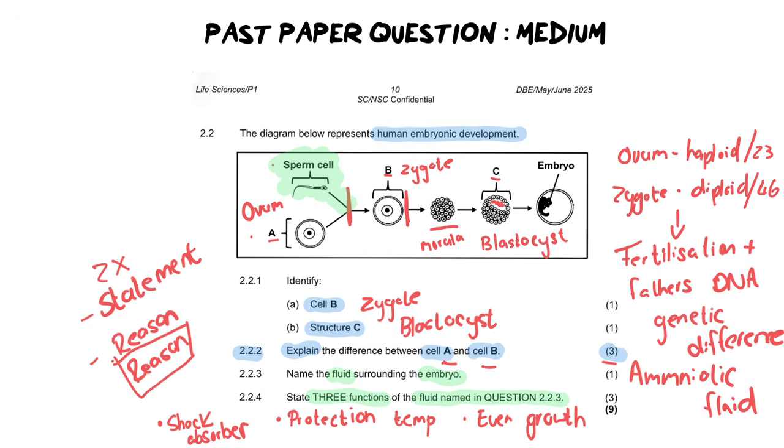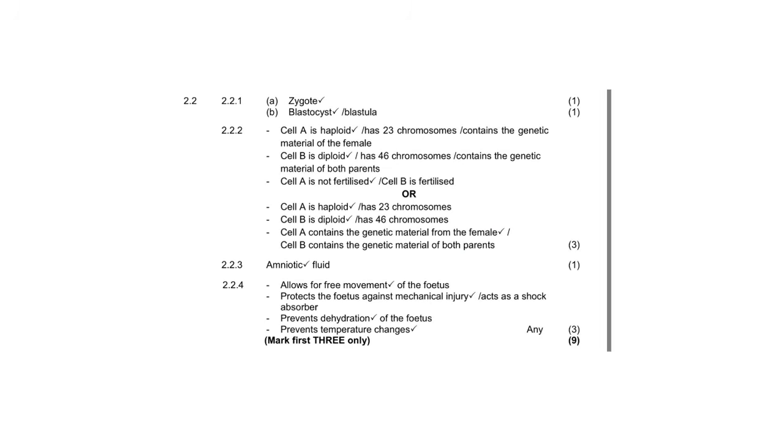I'm going to show you the official memo as well as some of the alternative options you could have also given. Now, here is the official memo, and I want to bring your attention to question 2.2.2, the one that I think everyone might not get 3 out of 3. As you can see here is the option that I went for, and I said that they have the same, different chromosome sets, which is present in both of your options. But then you'll see the second half of the answer is slightly different.